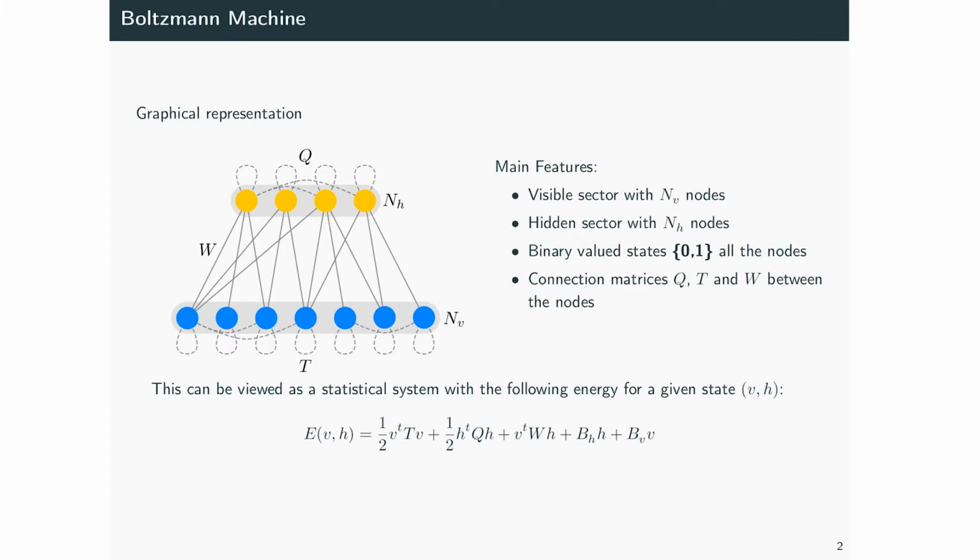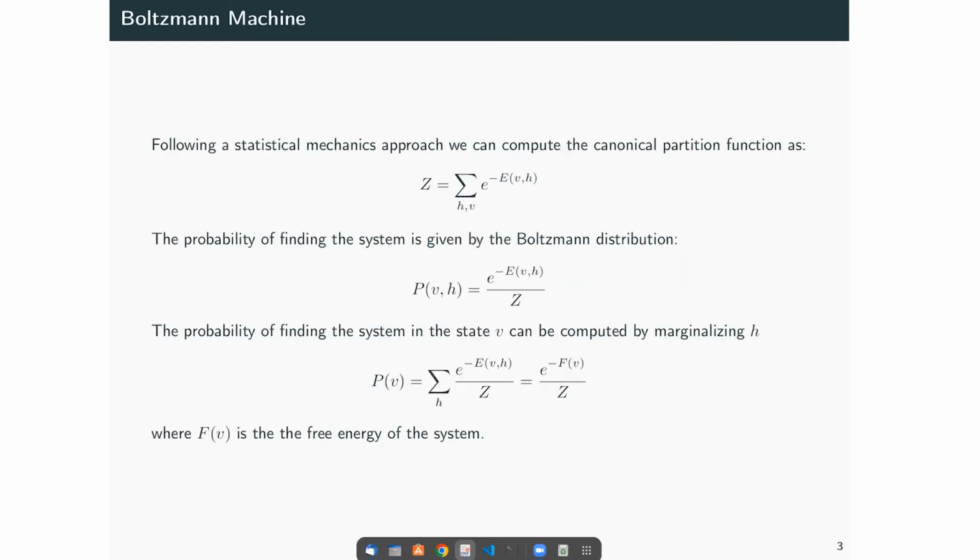So we'll have these two connected terms, then two linear terms, and finally this coupling term, if you will, between the hidden sector and the visible sector. So keeping this statistical mechanical approach, we are also able to calculate the canonical partition function just by summing the exponential of minus the energy over h and v.